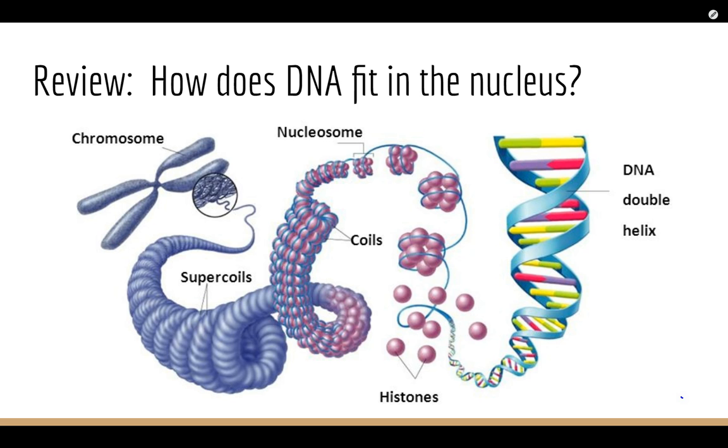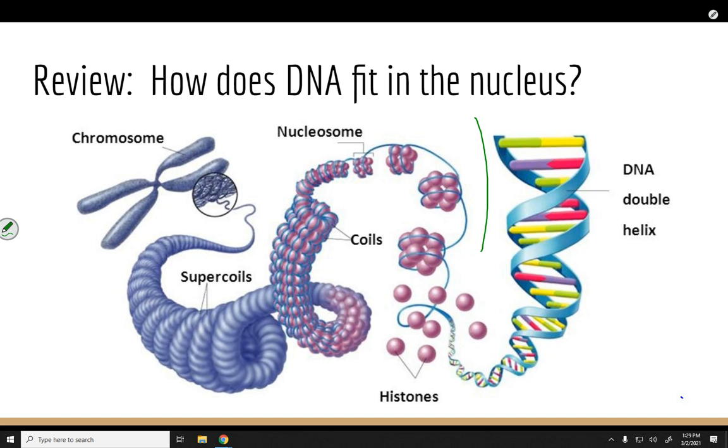So it wraps around these histone proteins that clump in these bundles called nucleosomes. It's several of those histone proteins all together with DNA wrapped around them. Then when the DNA has to tighten up more for cell division, those kind of coil up on each other tighter and tighter and tighter into a chromosome. But the part that we're looking at today is this section.